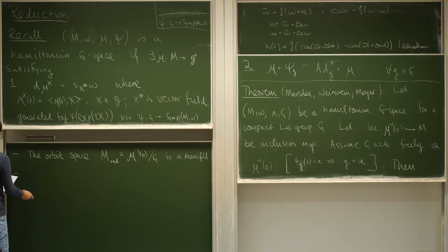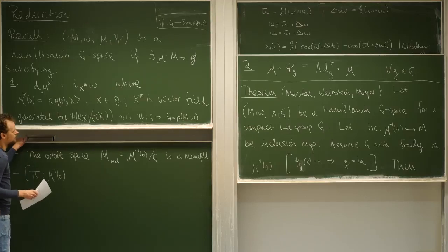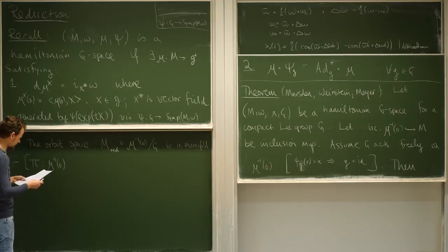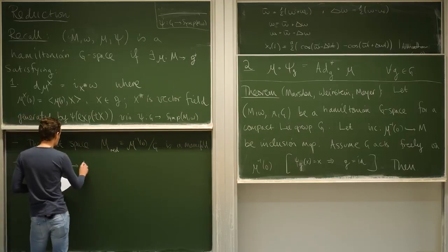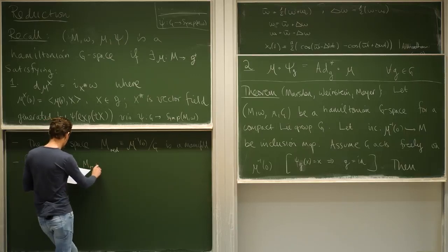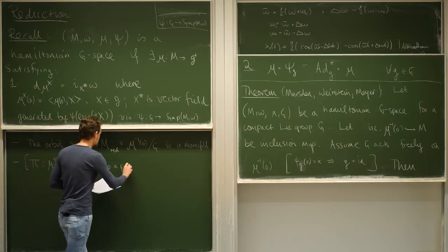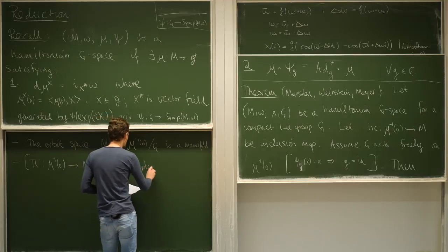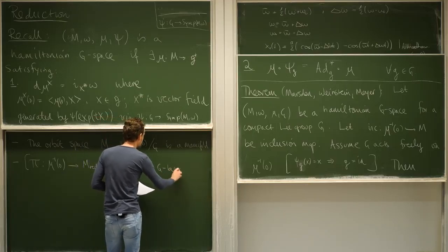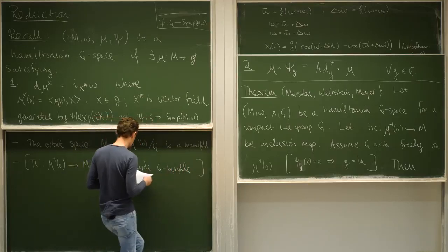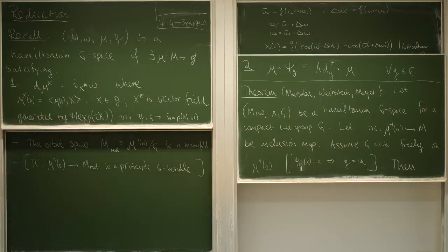The second condition, well, I'll actually give the definition of this in a second, but I'll put it in brackets because we're not going to pursue this. I will give you the definition of a principal G bundle in a second, but this is not something that I'm going to dwell on in this course.